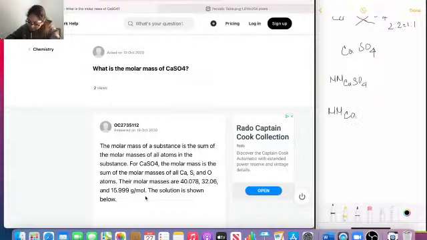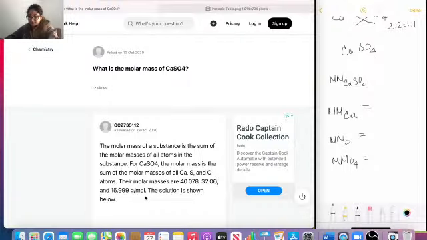Let's first find the molar mass of calcium, then the molar mass of sulfur. We're breaking down sulfate also, so molar mass of oxygen. So we have 4 oxygens.